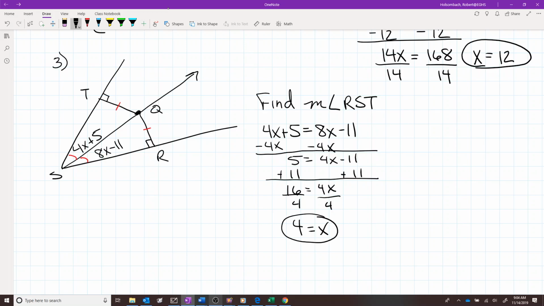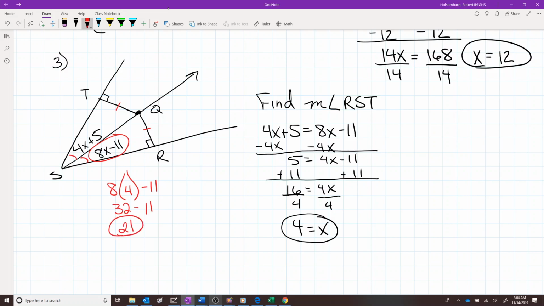Once you know the value of x, you can substitute. So I'm going to take this angle right here, the 8x minus 11. So 8 times 4 minus 11 is 32 minus 11, and 32 minus 11 is 21.